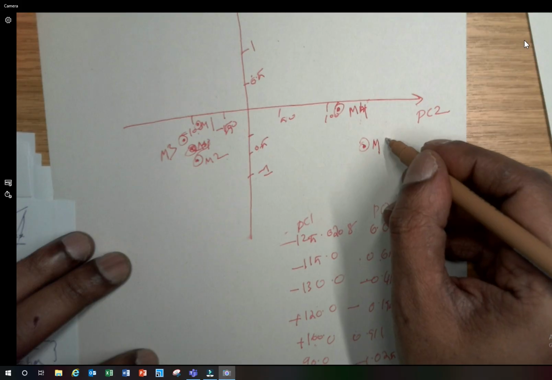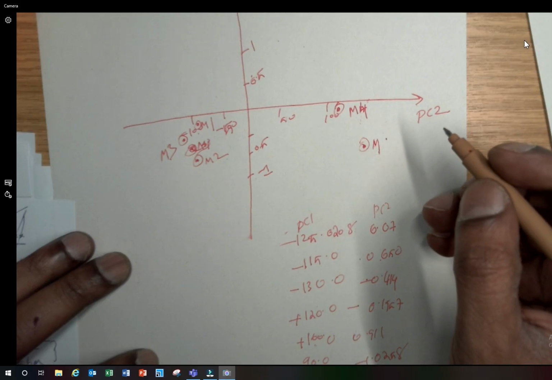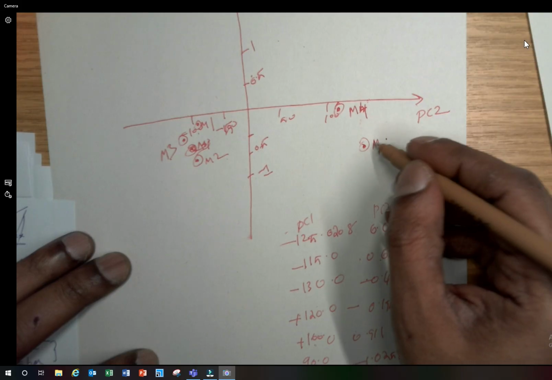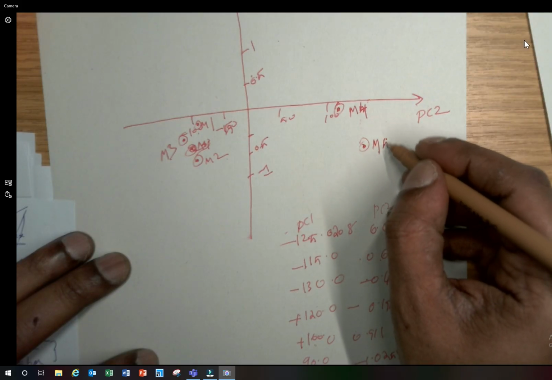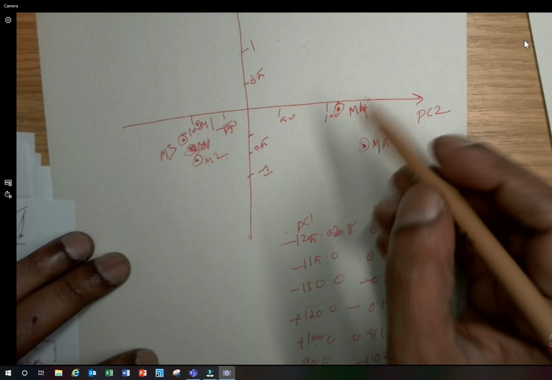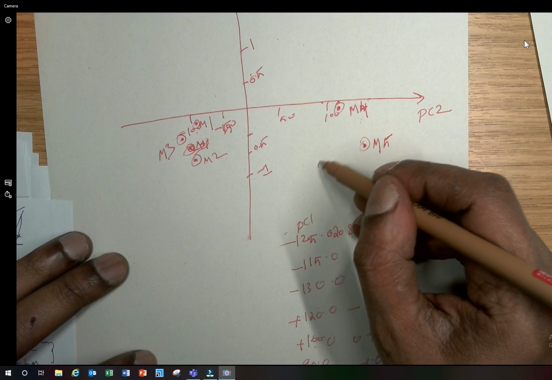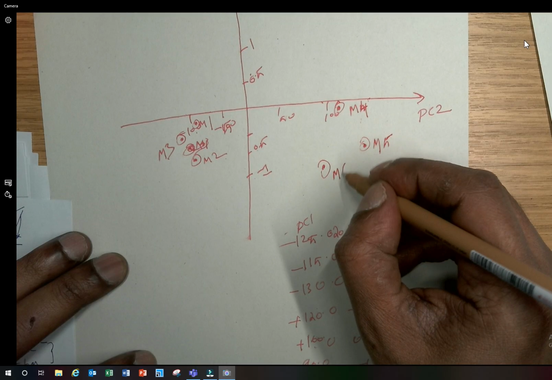So M6, M5, and then you also have 90 and minus 1.0258. 90 will be around here, minus 1 somewhere around here. So this is M6.